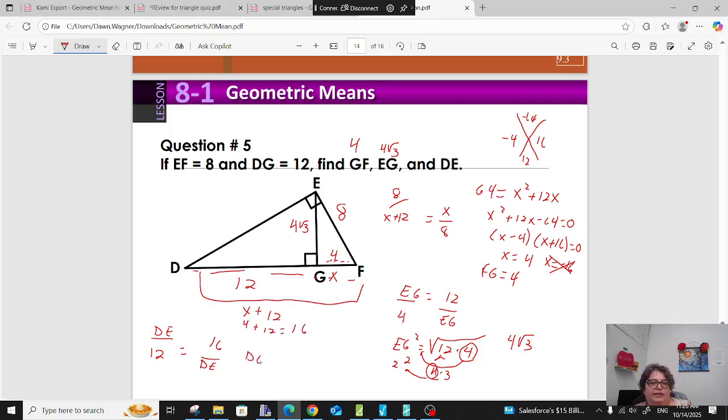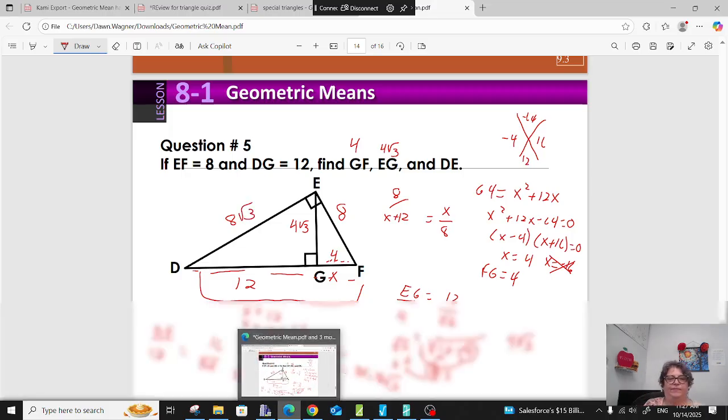So DE squared is equal to the square root of 16 times 12. 16 is a perfect square. That comes out as a 4. This is 4 times 3. Square root of 4 comes out as a 2. So DE is equal to 8. 2 times 4 is 8. Square root 3. 8 square root 3.